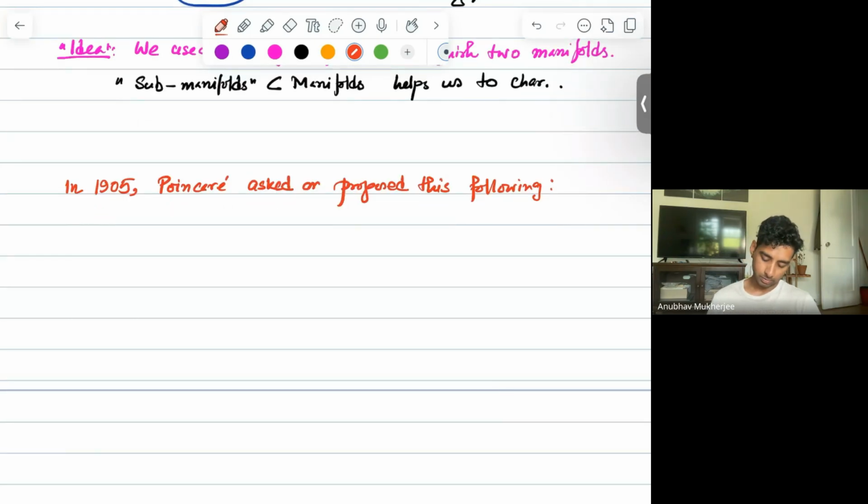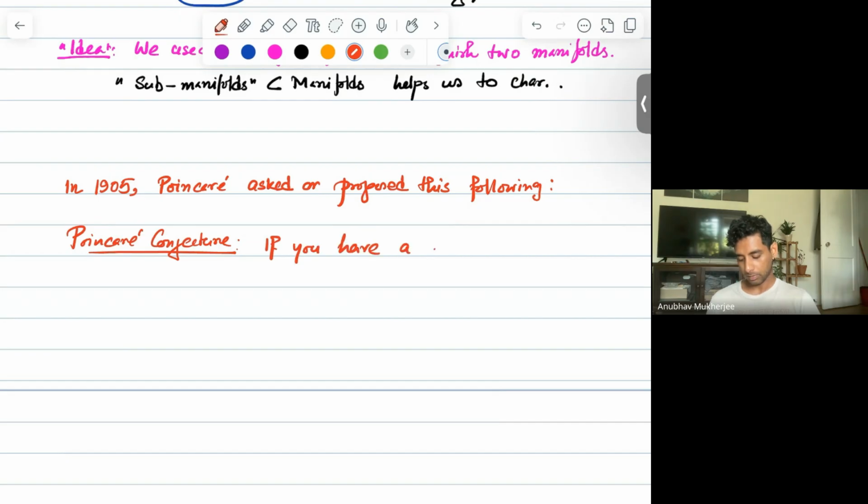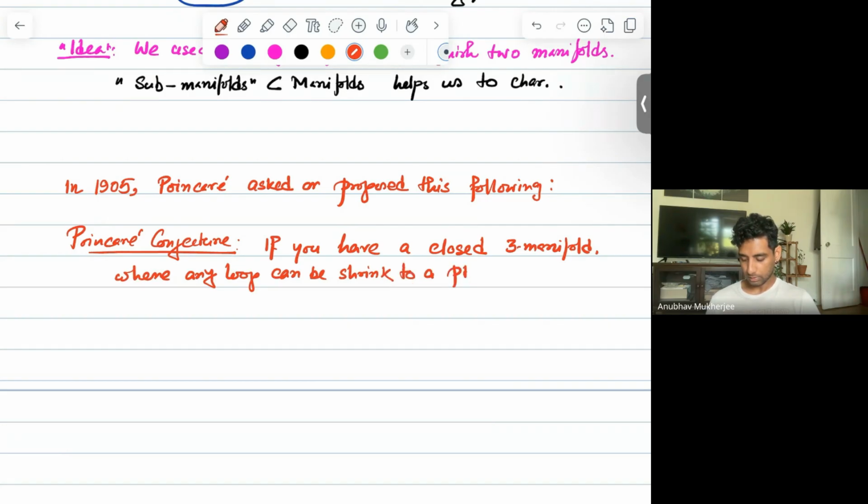This is the famous question known as the Poincaré conjecture, which says that if you have a closed 3-manifold where any loop can be shrunk to a point, there is a small thing we need, that this is base point homotopy, like fixing a base point, but you can ignore that part, then it is a 3-sphere.